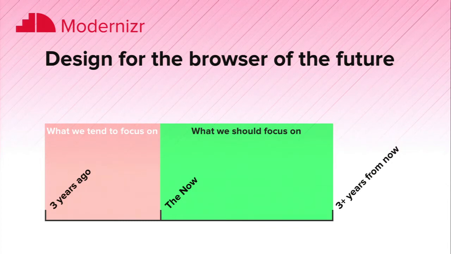And the problem with thinking in terms of browsers is that you cannot predict what the browser market is exactly going to look like 3 years from now. It's really impossible to say, well, 3 years from now, Chrome is going to have X% of the market or whatever. But what we can say is 3 years from now, it's almost guaranteed that every browser is going to have a solid implementation of CSS transitions.